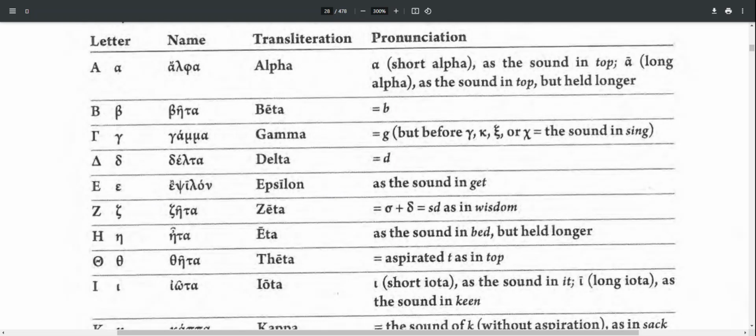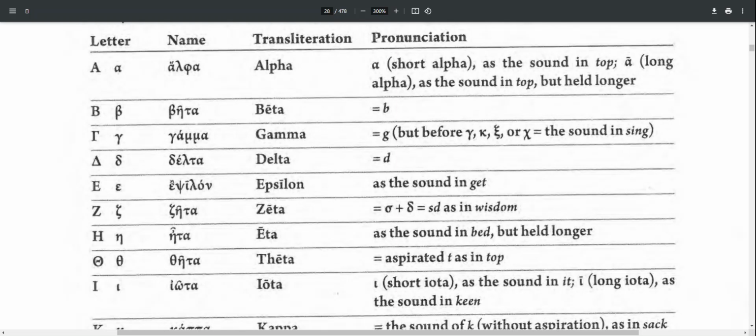In modern Greek, it's more similar to the "eh" in "get". I say epsilon, but if you cannot say it that way, you can say it the other way, but it needs to be short.